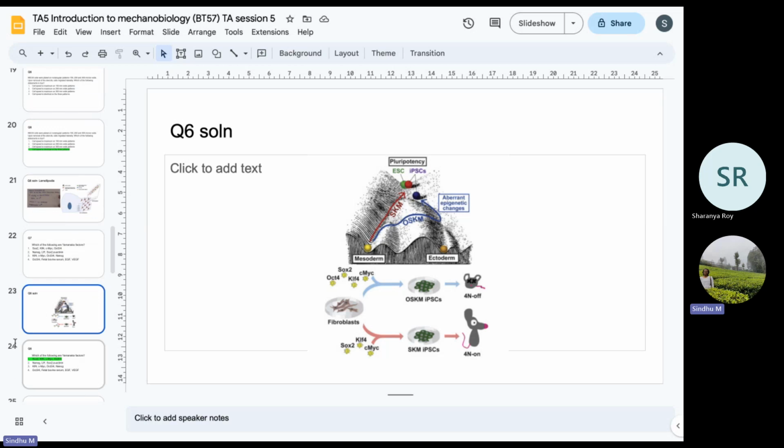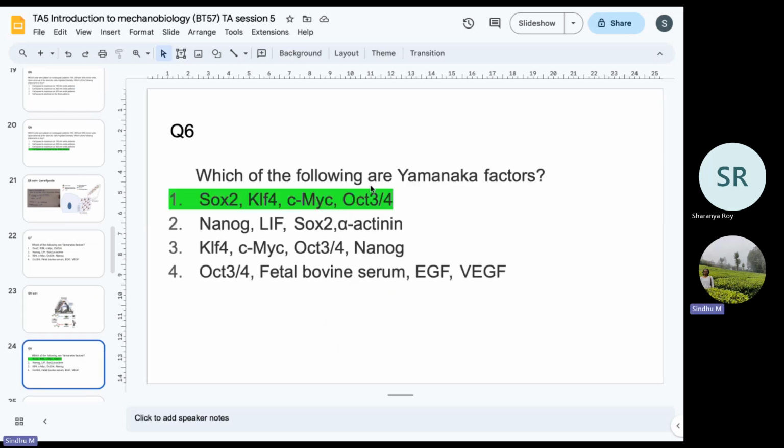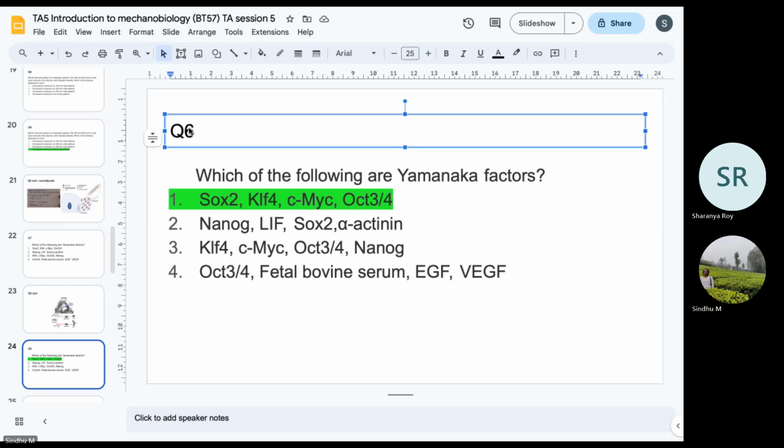And these factors are these 4 chemicals. So you can just add them to the media. And these will dictate your stem cell fate, whether it is going to become a fibroblast cell or neural cell or bone cell, etc. Others, option D, FBS, CGF.